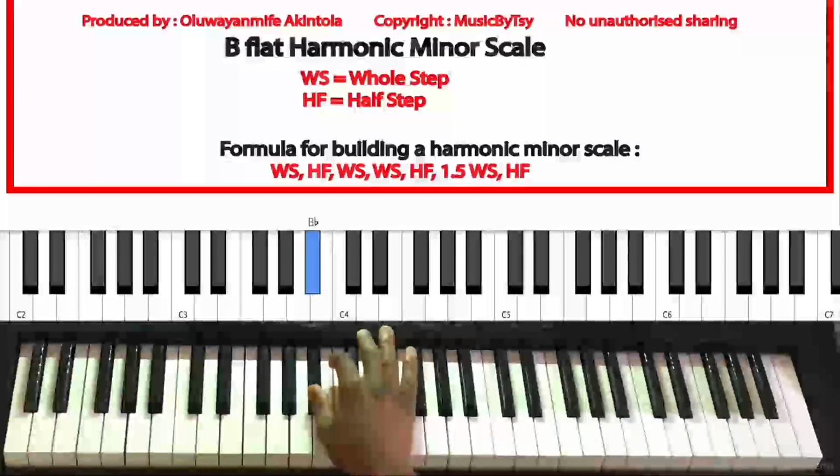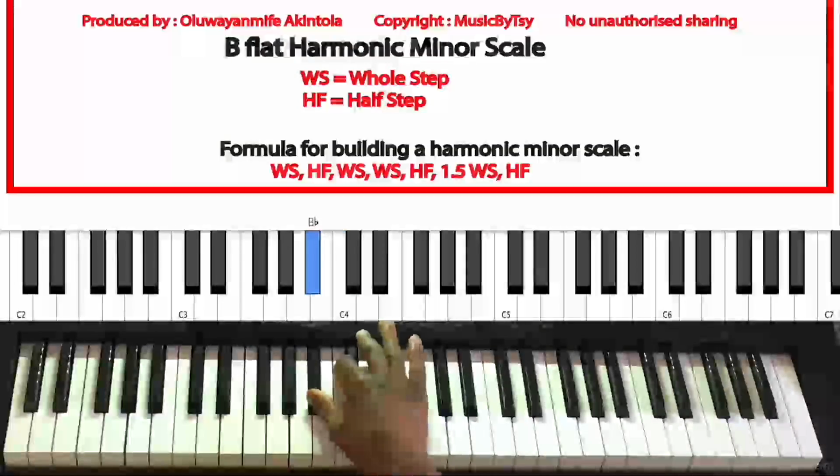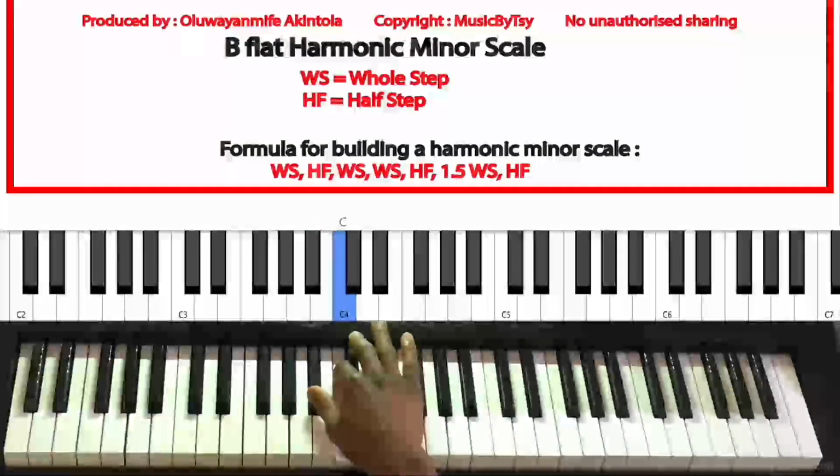Now, whenever you move from one key to another key and you skip one key in between, then that means that you've moved by a whole step. So for example, if I move from the key of B flat to the key of C, I've skipped one key in between. Therefore, this means that I've moved by a whole step.